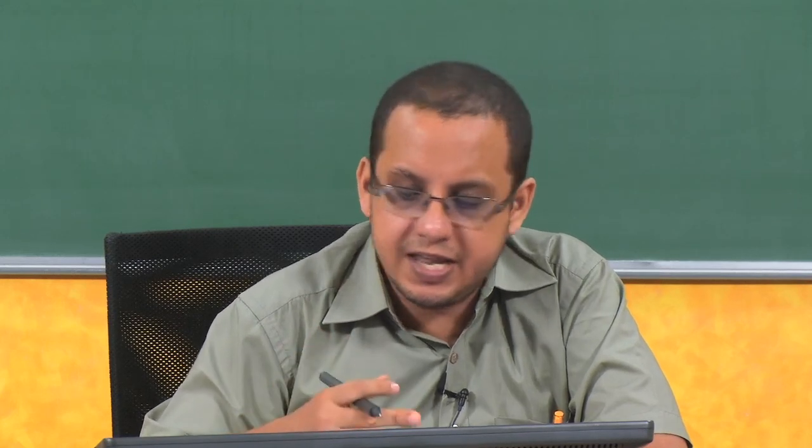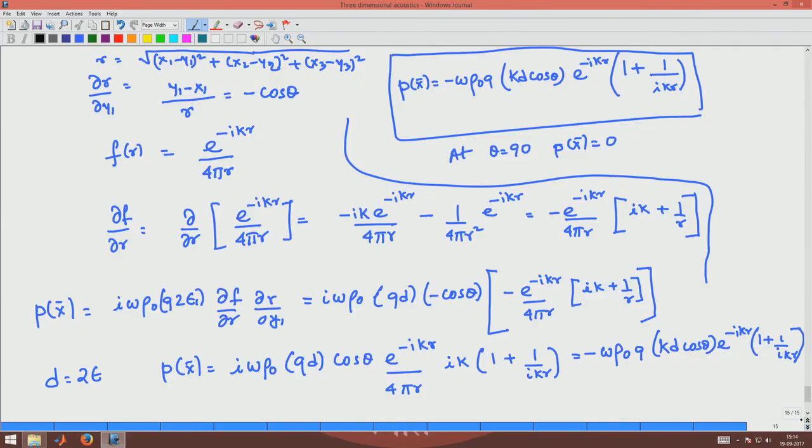And as I said, and I repeat that remark, the monopoles and dipoles in totality can be used to generate any vibroacoustic source. Similarly, in the case of aeroacoustic sources, you will have what are known as quadrupole sources.